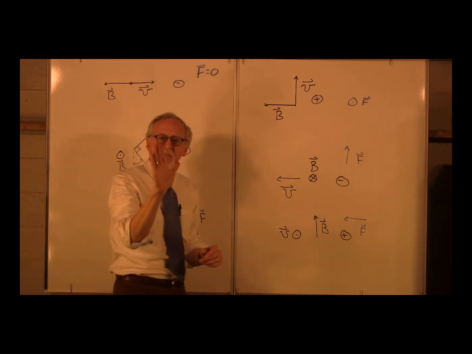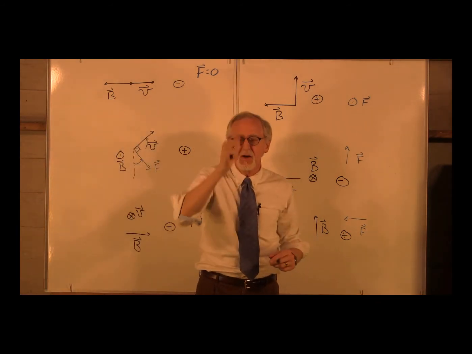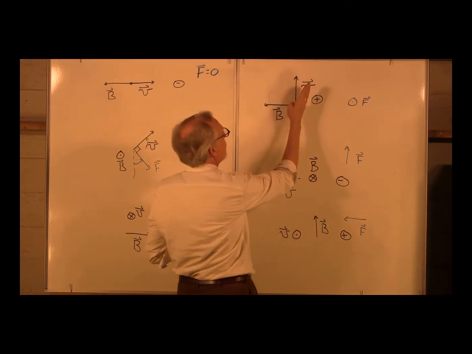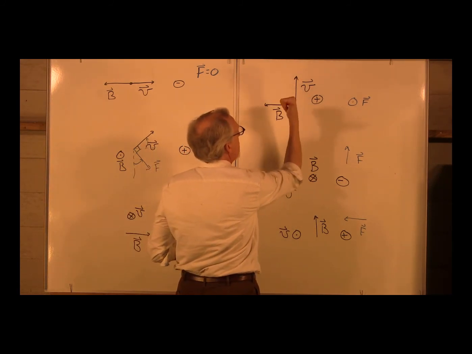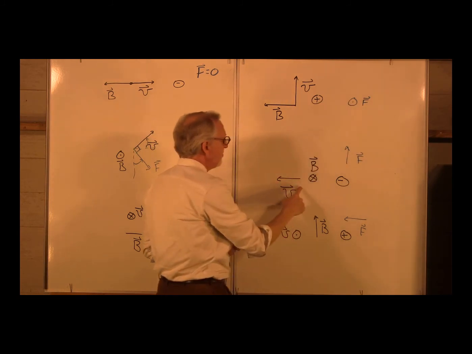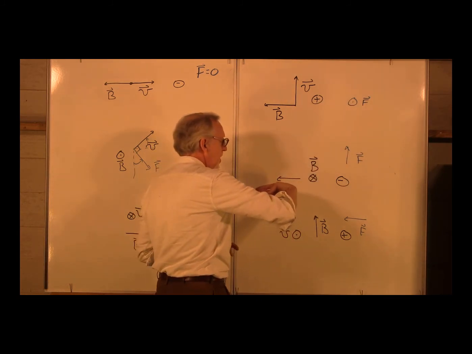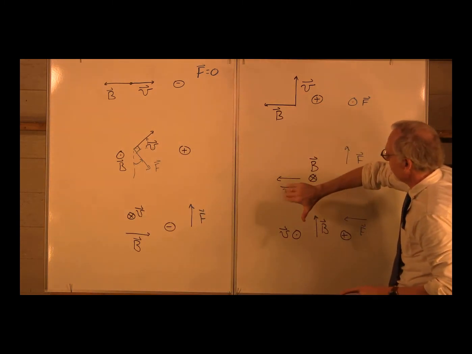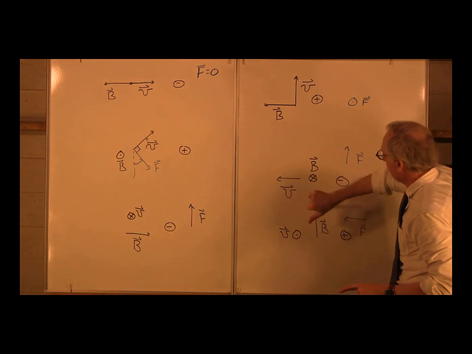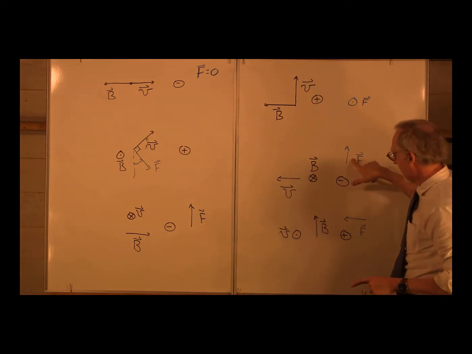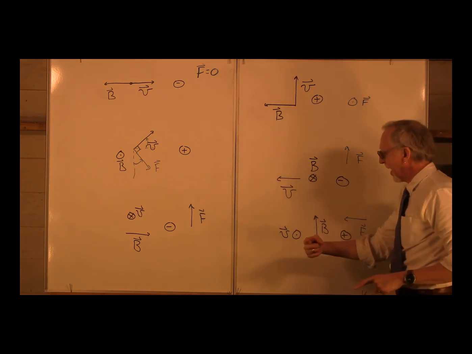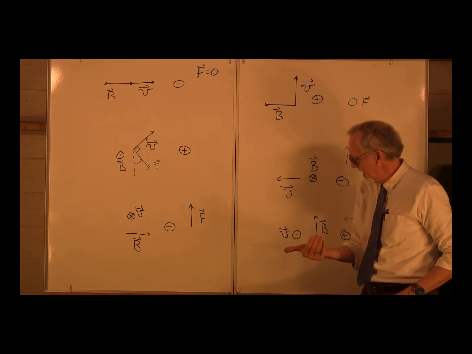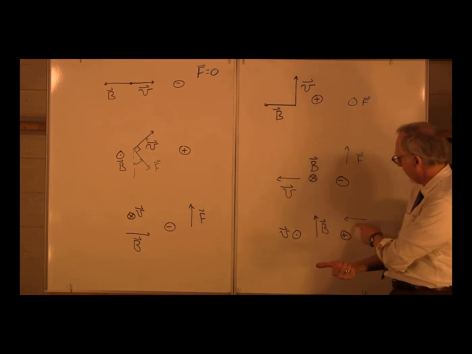Third method, V rotated into B, thumb points in the direction of F. So V up, rotate it to B, thumb points out. V this way, rotate it into this direction, so I've got to go this way and rotate it into the board. My thumb points down, but it's a negative charge, so the force is up. V is out, and I rotate it up this way, so my thumb points to the right for a positive charge.